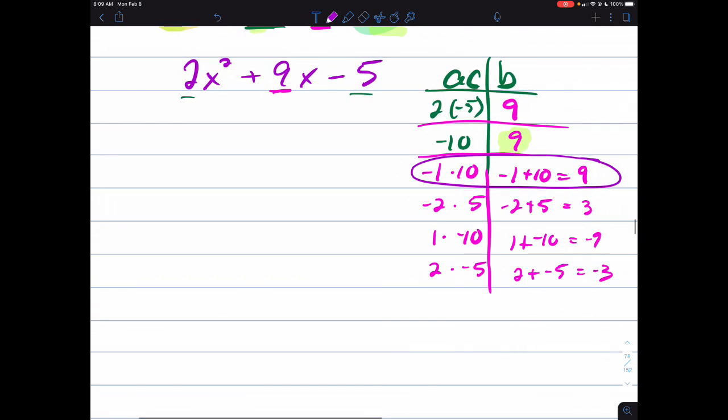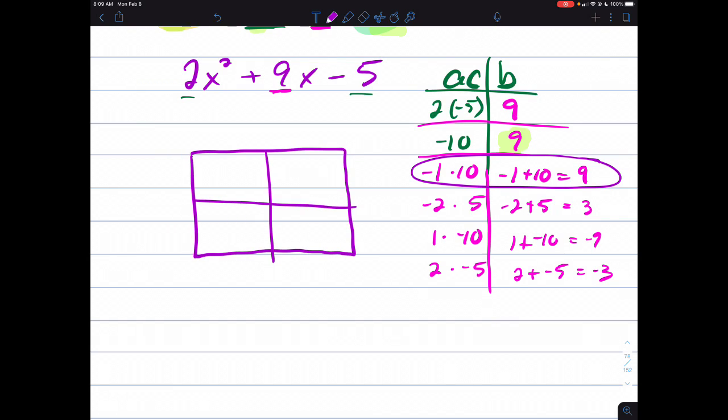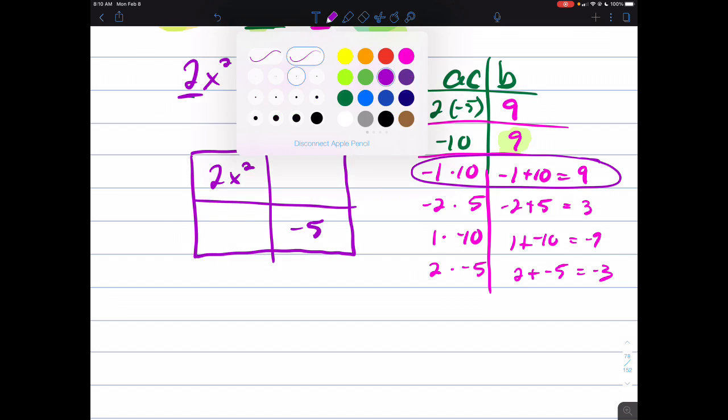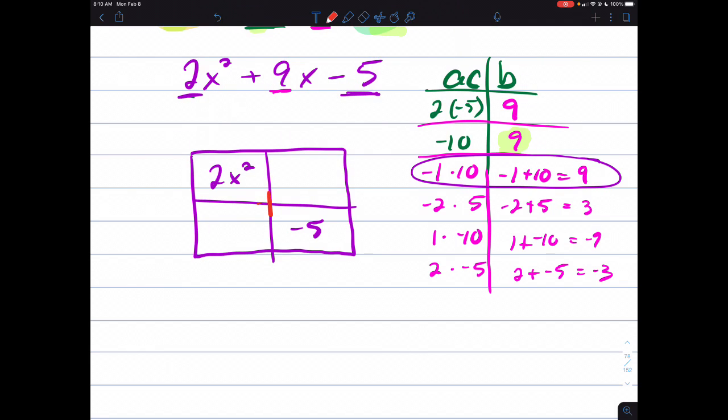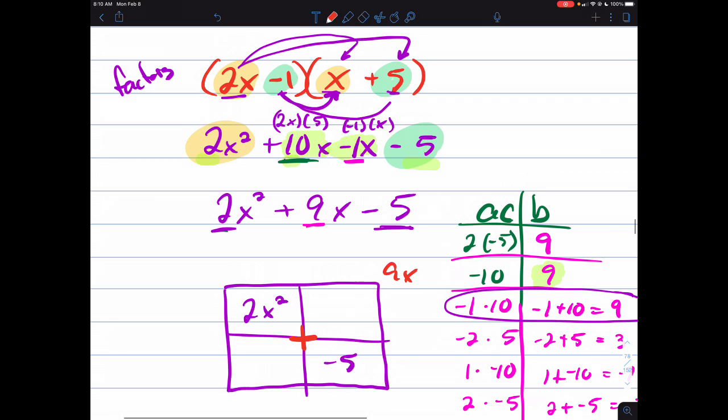And I'll tell y'all how to do this with a box. It's a more visual representation. In the box, we put our 2x squared here and our negative 5 here, the first term and the last term. These two in the middle are the ones that add up to our middle term. Just to go back to our example, didn't we add together 10x and negative 1x to get the 9x?